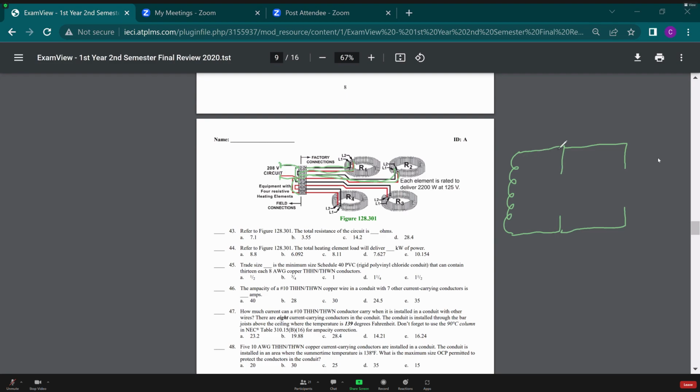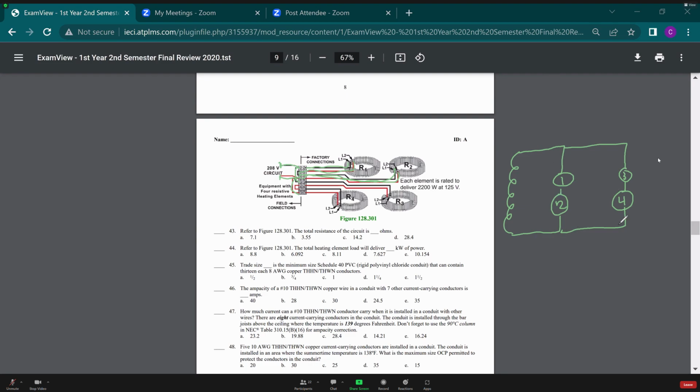So I know that that black jumper comes in, goes to R1, little tiny jumper, and then it goes to R2, and then goes back to my power source. This is the same exact thing for R3 and 4. That black jumper comes in, it goes to R3, little tiny nib jumper goes to R4, and then back to my power source.